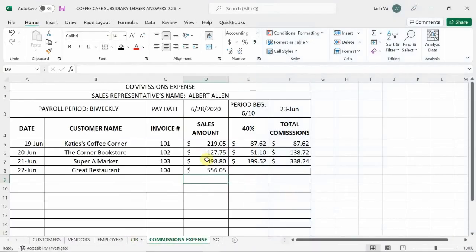So what is 40% of that? We do it by 0.40, not 4%.